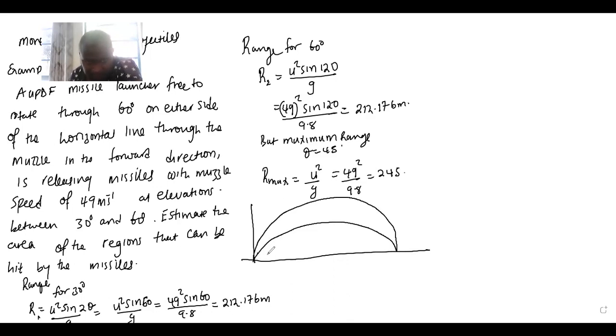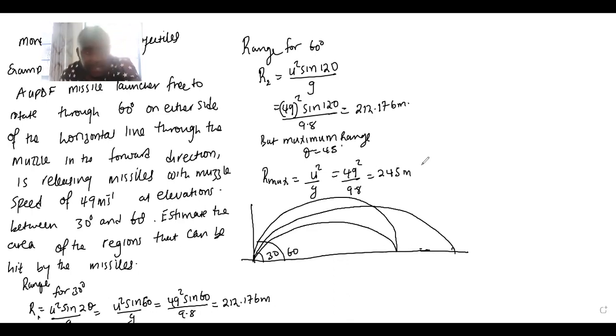If this is 30, this would be 60, then 45 would be in between these two, and 45 takes us to the maximum range. So this gave us 245 meters.